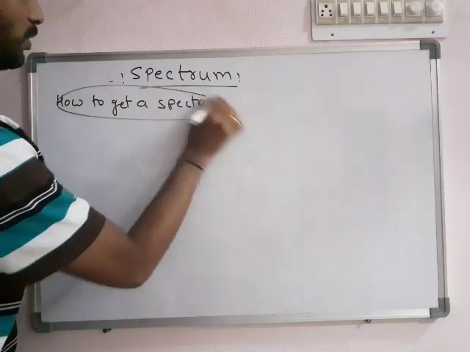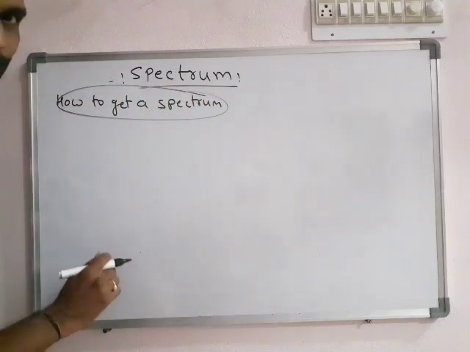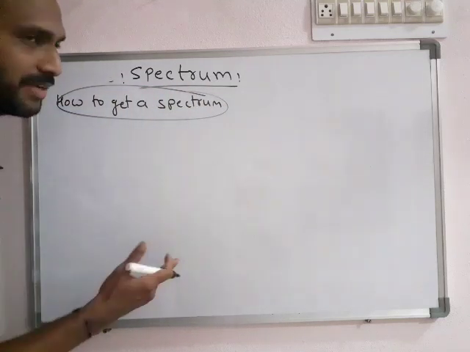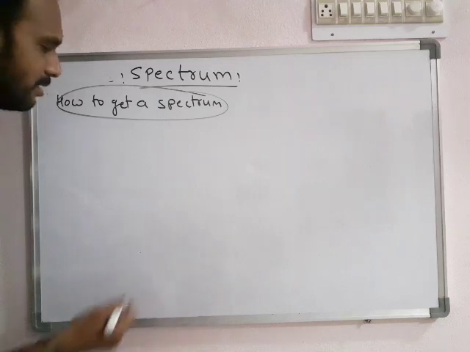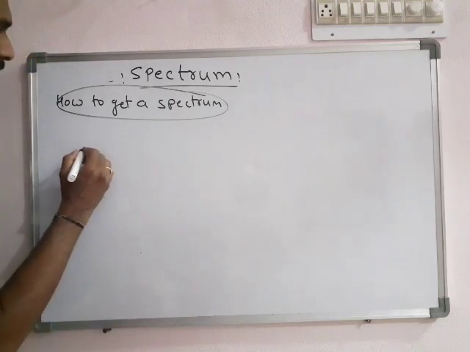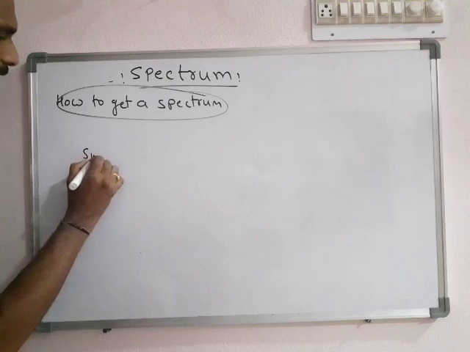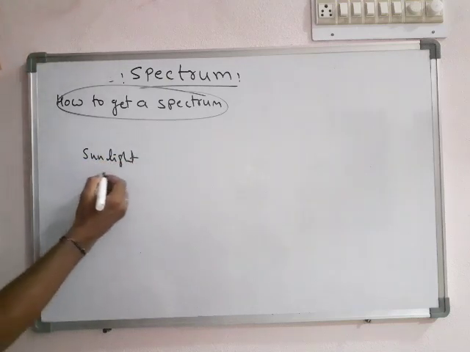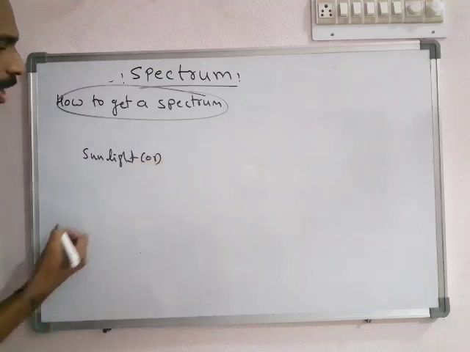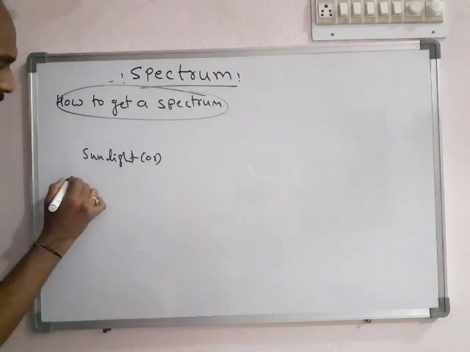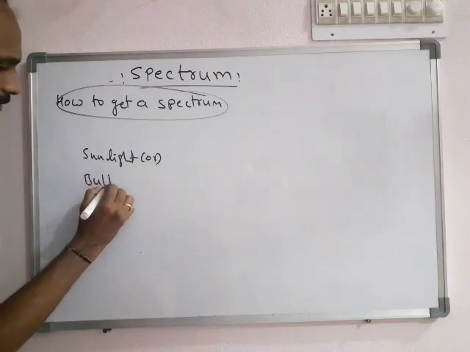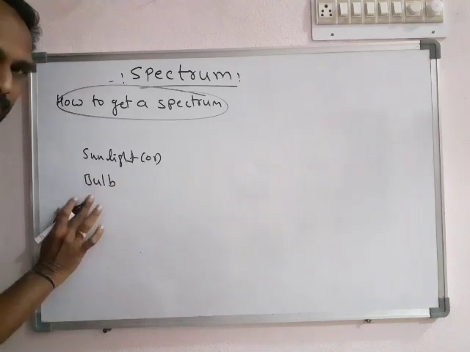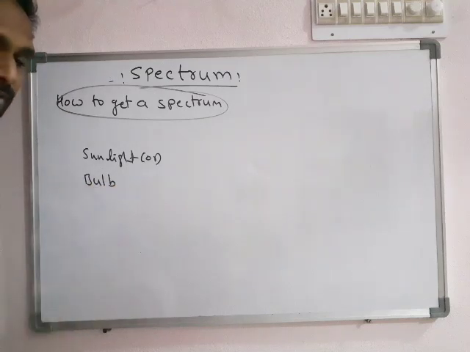So now the main doubt is how to get a spectrum. How to get a spectrum of any substance, nothing but an element. For example, let's take sunlight, or the light coming from a bulb.